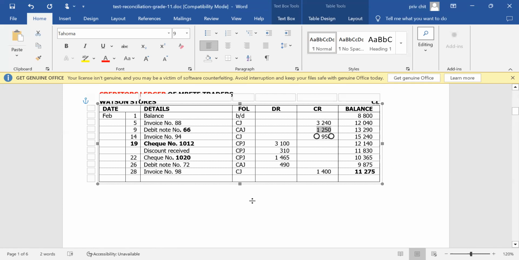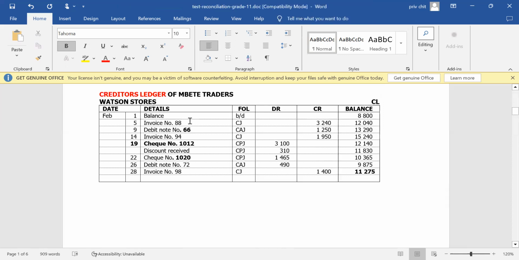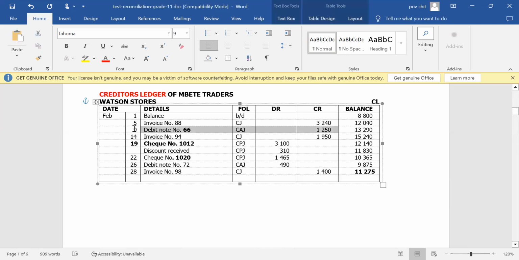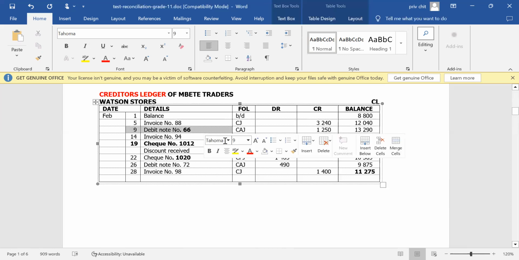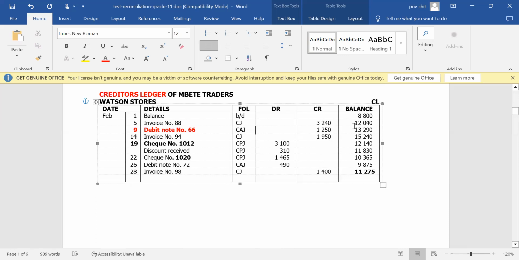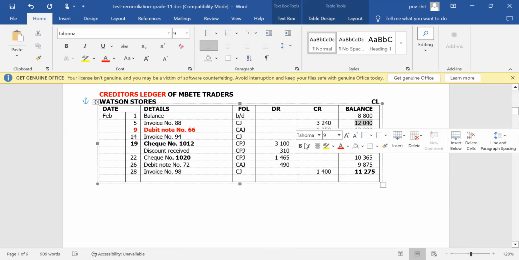Yes. All right. Because according to us, let's look at what is happening with the debit note. Very important to pay attention. The debit note is supposed to be reducing this value. Why?